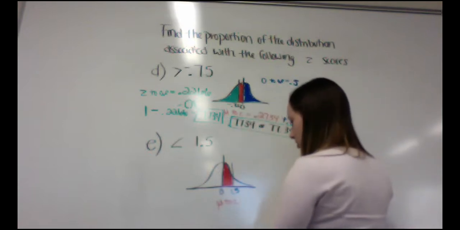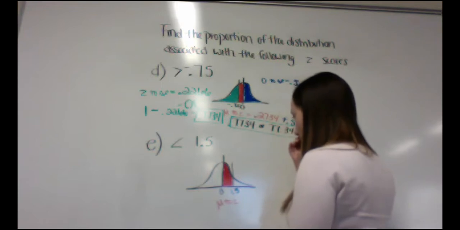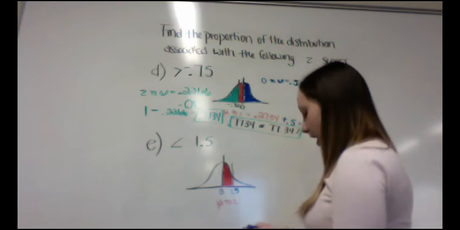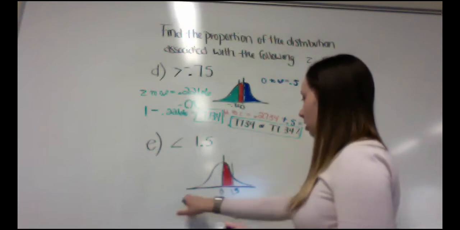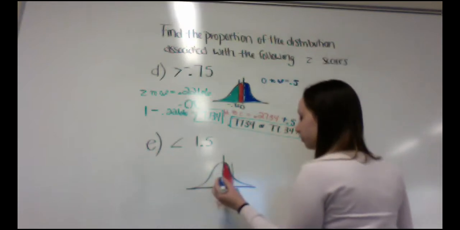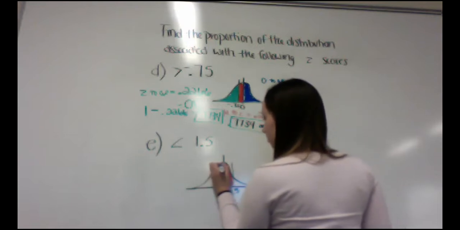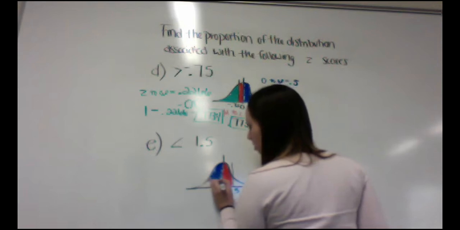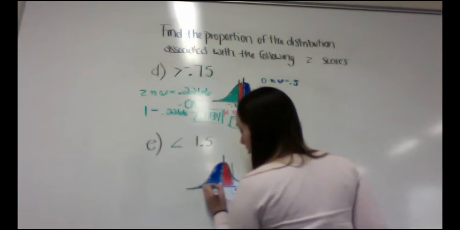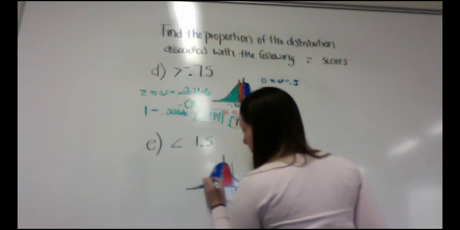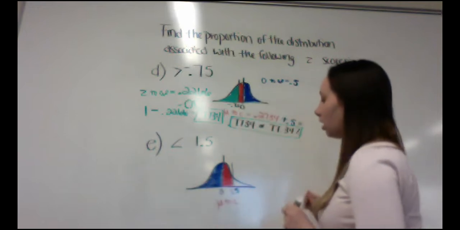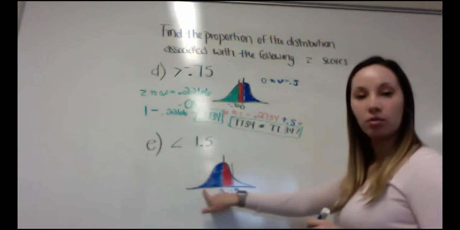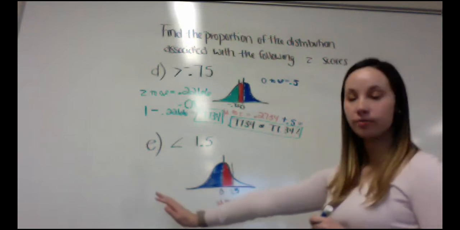And then you can add that to your mean to infinity column. Your mean to infinity proportion, I guess. So we are interested in what piece of the distribution is both red and blue. We're interested in the left side of the distribution.